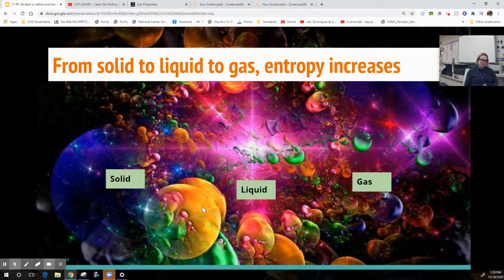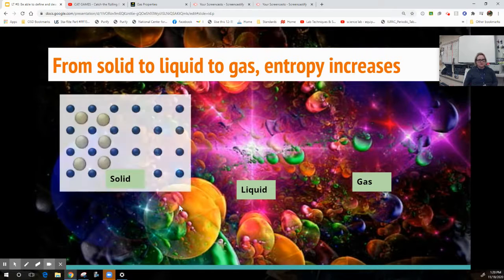So it makes sense to say that if I go from a solid to a liquid to a gas, entropy actually begins to increase. Solids consist of very nicely structured patterns where you have a sea of electrons floating in amongst the particles. This is an actual little video of an alloy being created at the particle level.